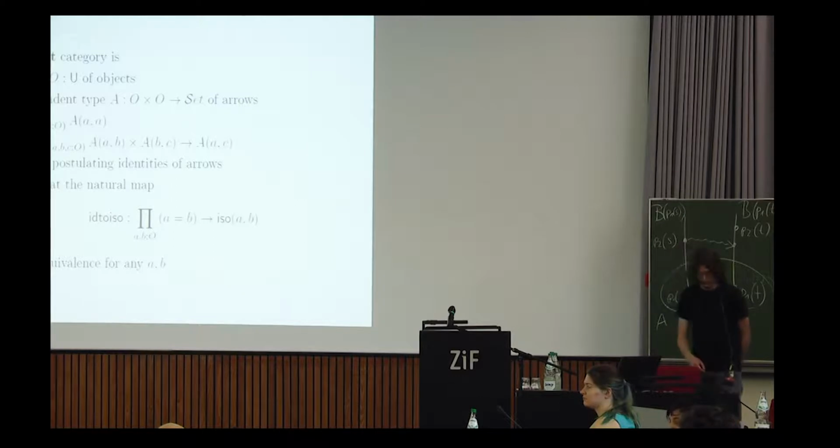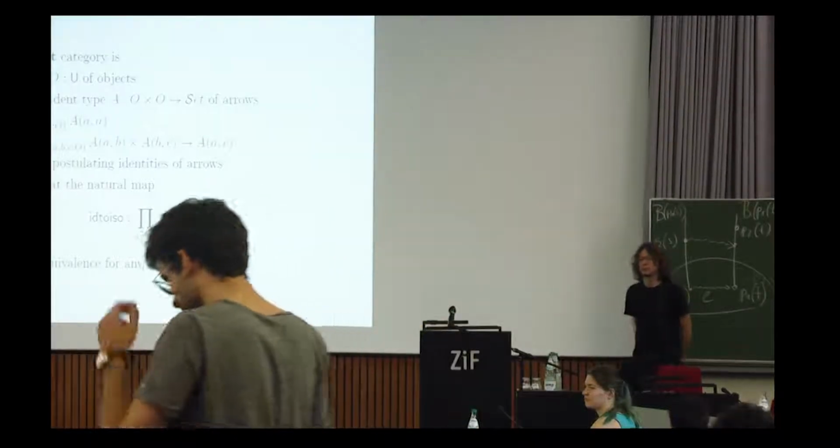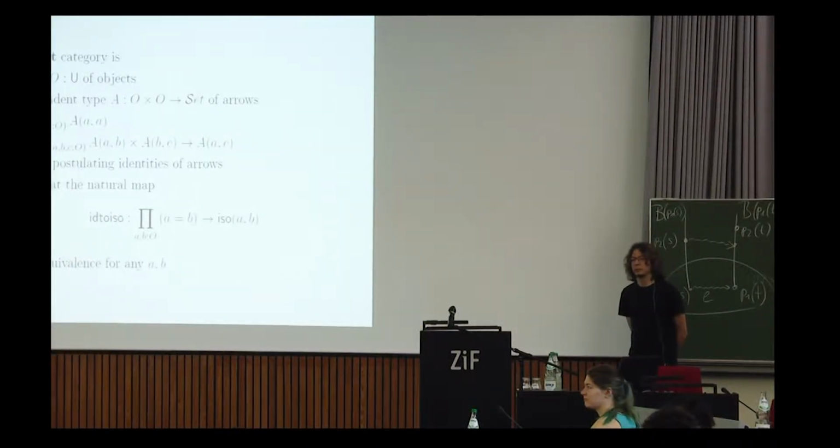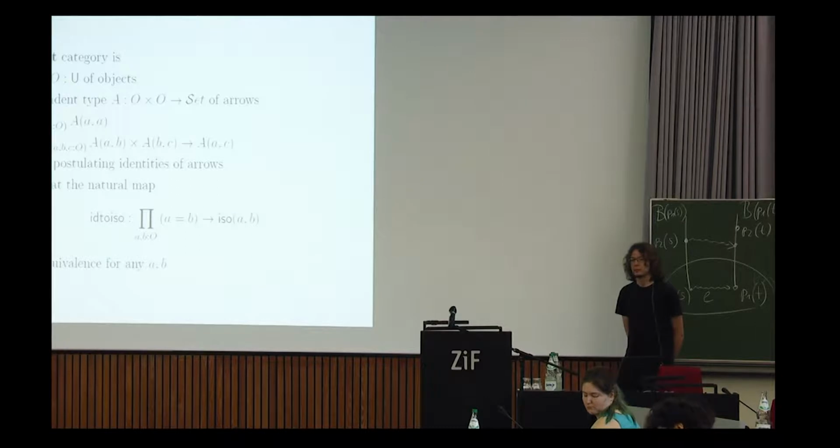I mean, also in set theory, I can define something like hom A, B. Anyway, a dependent type is the same thing as a type over O times O, so one could in principle formulate it in terms of a type of all arrows. But that would be, okay, that would be messy.